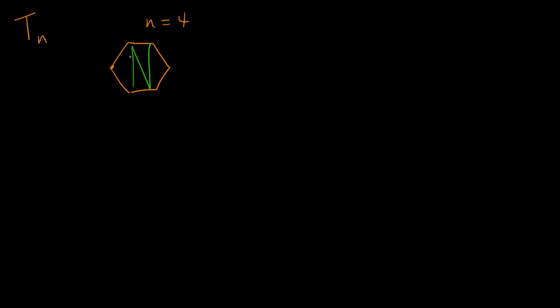These are all triangles now. Here's another way. Now these have to be different, like different rotations are considered different triangulations. So here is another way, and then here's another way. All right, so hopefully that gives you some idea of what's going on here.